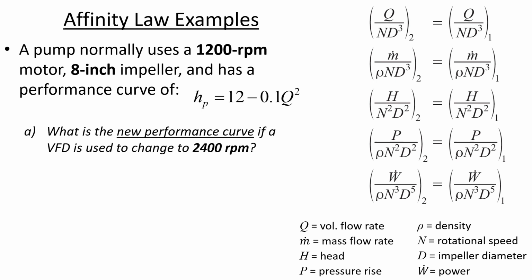Okay, so substituting in 1200 RPM for N1 squared times H2 divided by 2400 squared, what we've got is that H1 is 0.25 H sub 2.